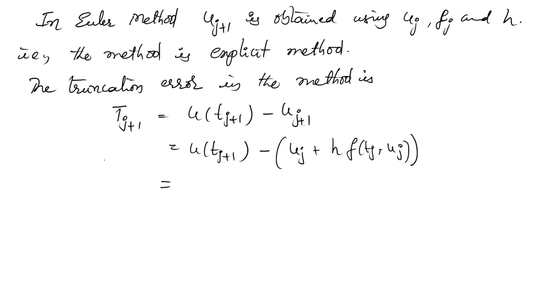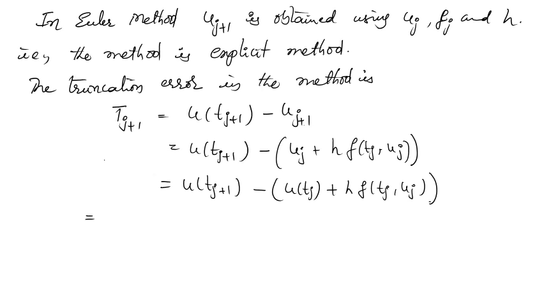Let us expand every term in terms of Taylor series. One can write this as u of tj plus 1 minus u of tj numerical plus h into f of tj, uj. Let us expand u of tj plus 1 in Taylor series.